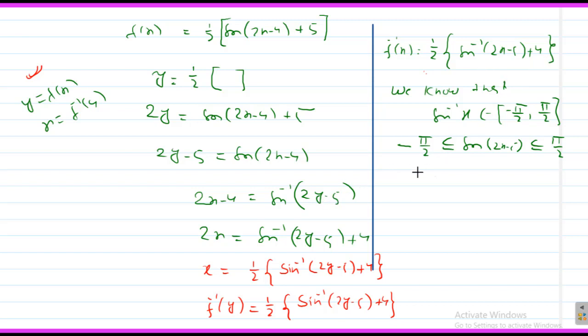After that I want to add 4: minus pi by 2 plus 4 is less than or equal to sine inverse of 2x minus 5 plus 4, less than or equal to pi by 2 plus 4. Throughout the inequality I want to multiply by 1 by 2, then minus pi by 4 plus 2 is less than or equal to 1 by 2 of sine inverse of something plus 4 bracket, less than or equal to pi by 4 plus 2.